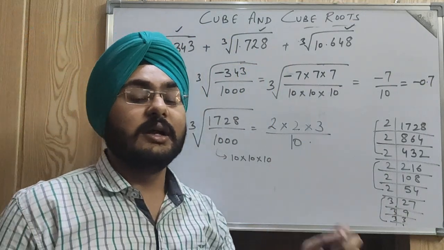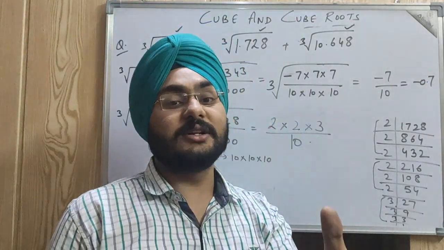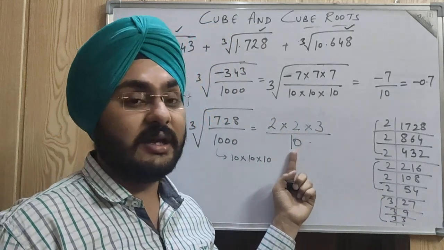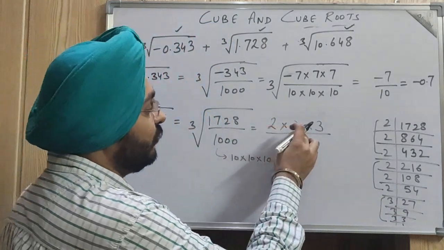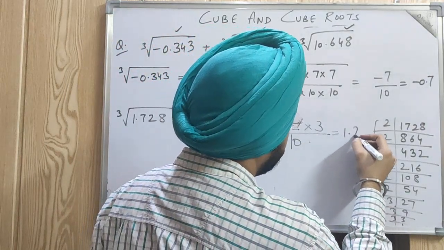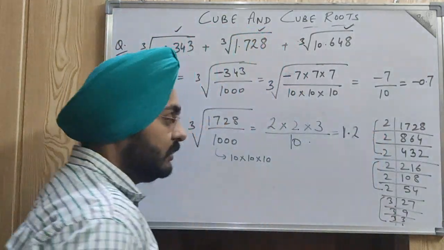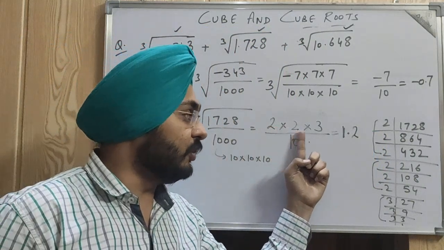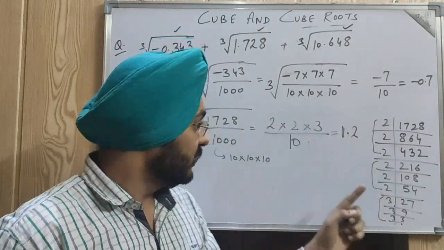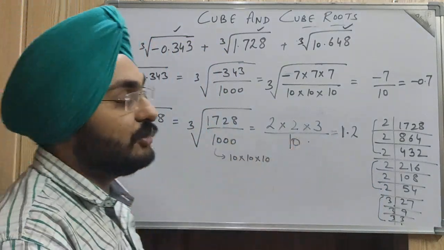So I have directly written the triplets only here: 2 triplet, 2 triplet, 3 triplet, and here we have 10 triplet. So 2 into 2 will be 4, 4 into 3 will be 12, 12 divided by 10 will be 1.2. So I hope the cube root of 1.728 is clear.